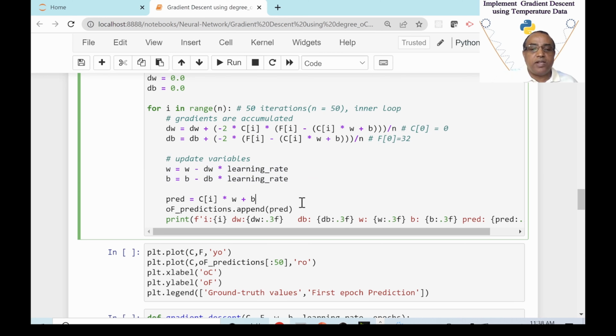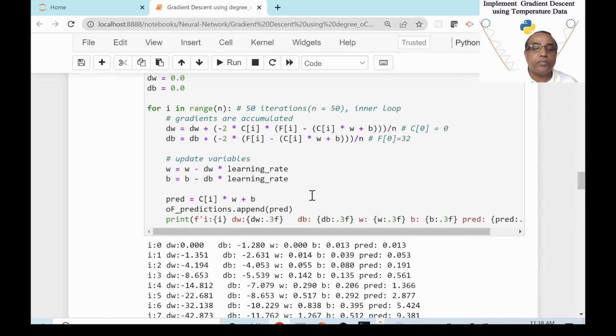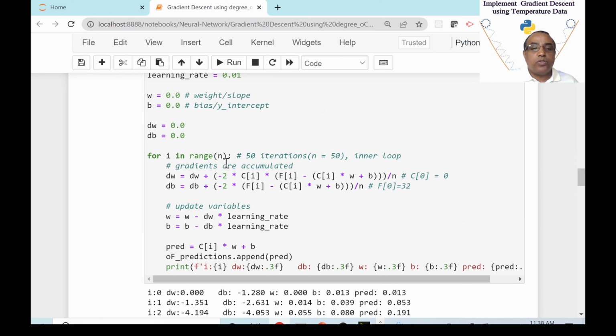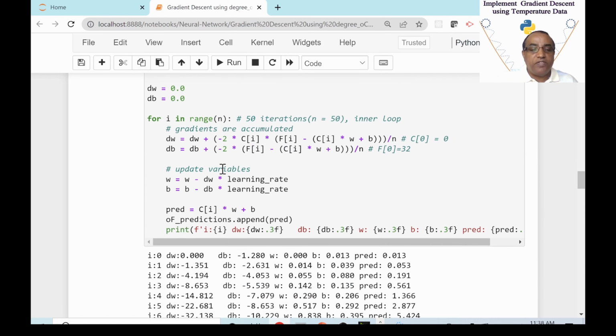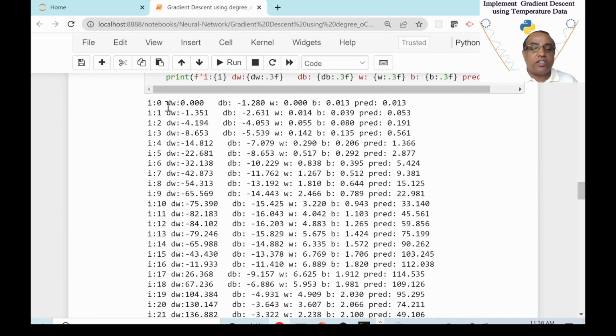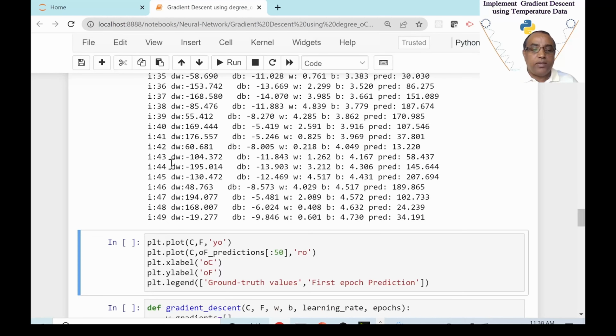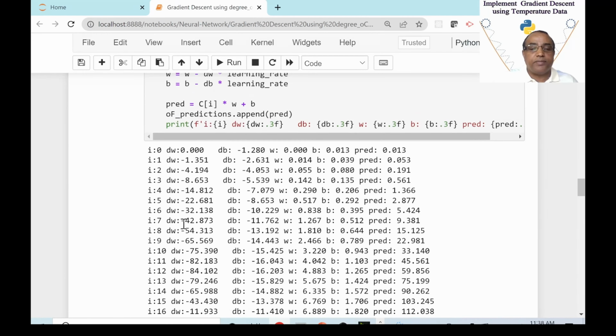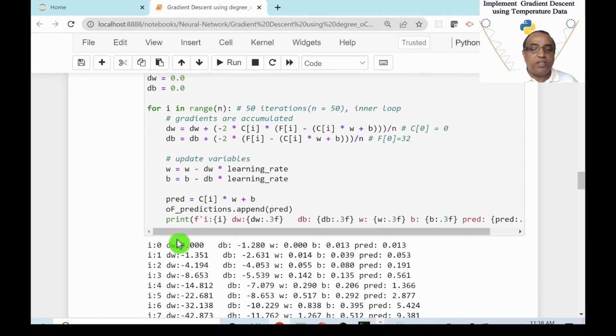Now let's run and see what happens in each iteration. Since the loop ranges from 0 to 49, we'd expect 50 iterations. It starts from 0 and then you have 49 over here, so in total 50 iterations. So let's see what happens in the first iteration.